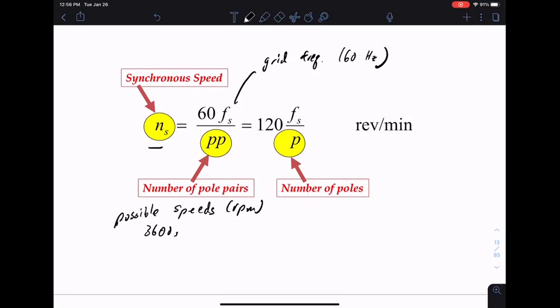What is the next possible speed? So why is it 1800? What happens in the middle? Can I achieve, say, 2500? What if I want 2500? What if my application just runs better at 2500? Can I achieve that speed?